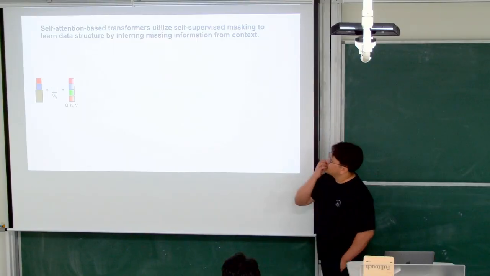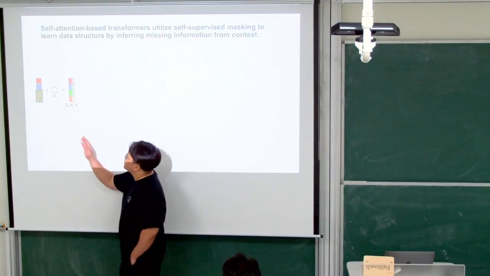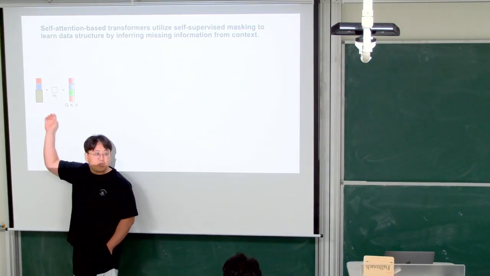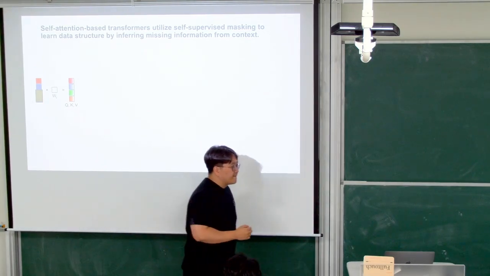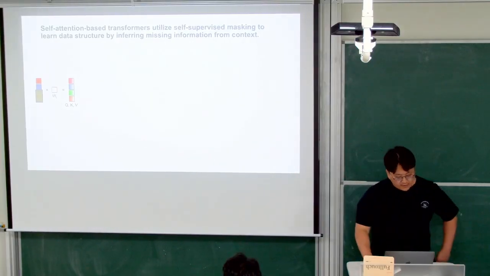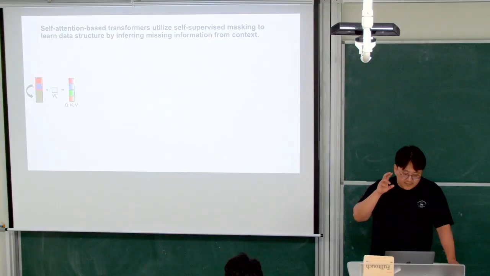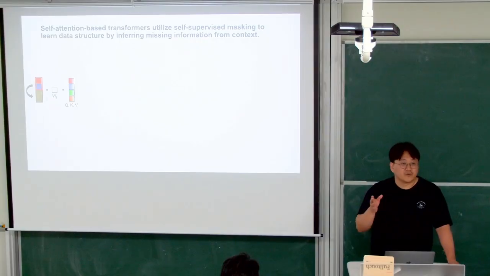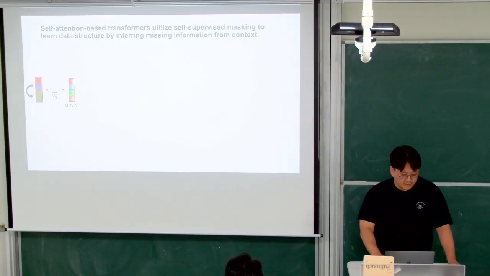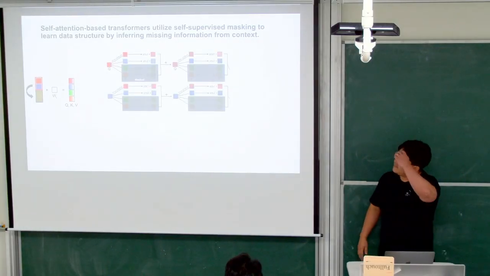Let's pretend that we do not know these two tokens. Then this model should infer the masked tokens using the rest of the tokens, right? Then we can think that this model learned the structure of the sequence.